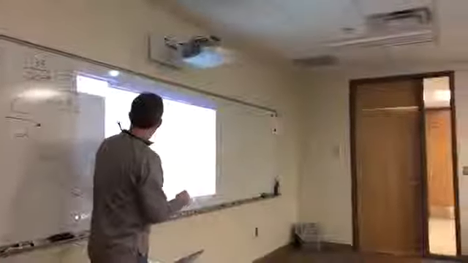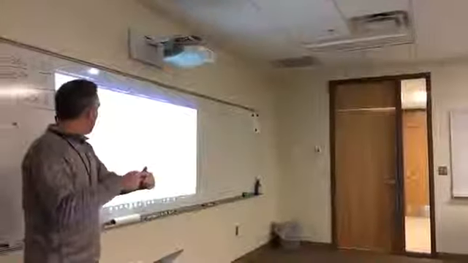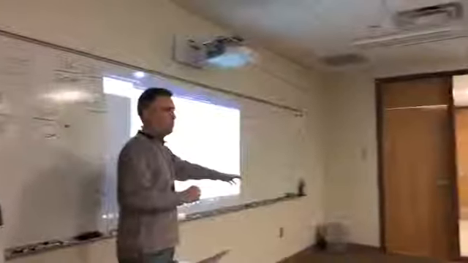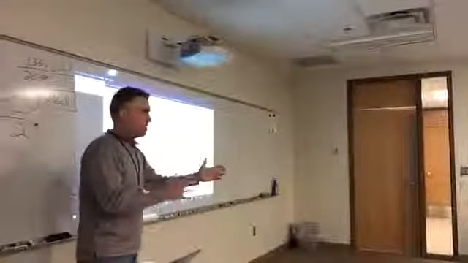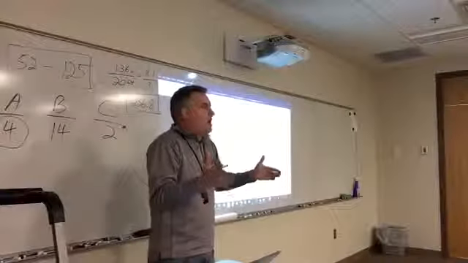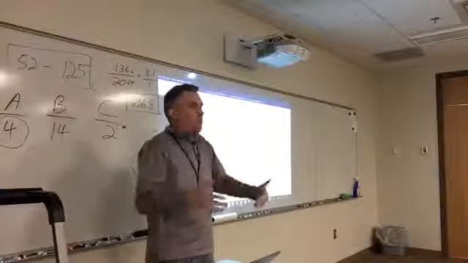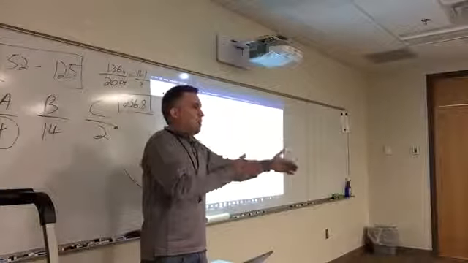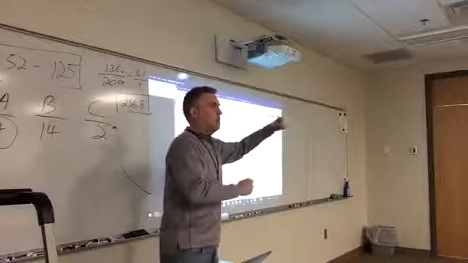Or do they measure the skid mark length and use that length to figure out how fast the car was going? Which one is it? It's obviously number two. How are they going to know how fast the car was going if they weren't even there when it happened? So they have to use the skid mark to calculate the speed.